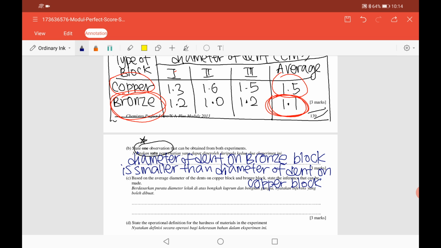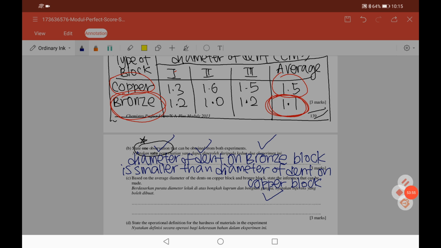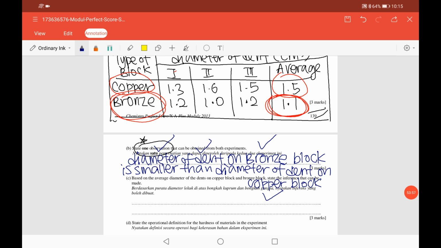Just tell people who is bigger, who is smaller. But you must clearly tell people what you are comparing: bronze and copper, and what you are observing, the diameter of the dent. It's not very hard, but your answer must be more detailed.